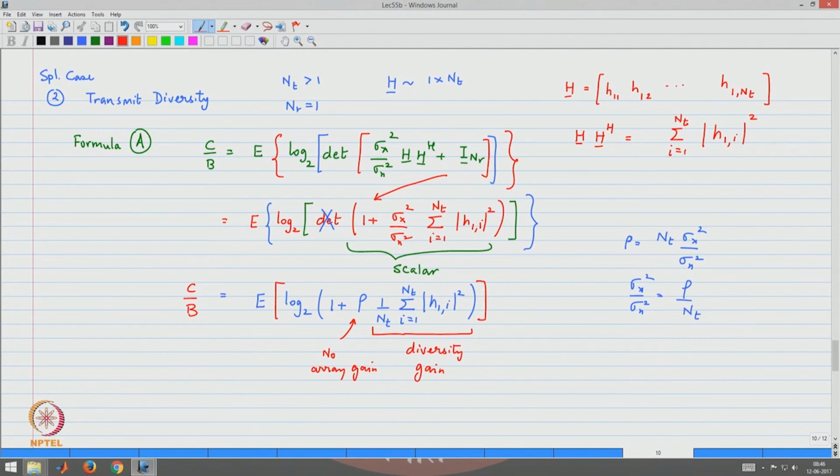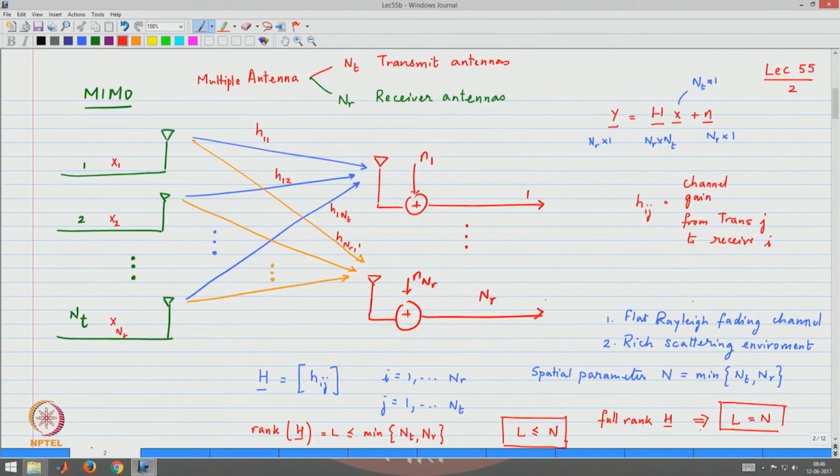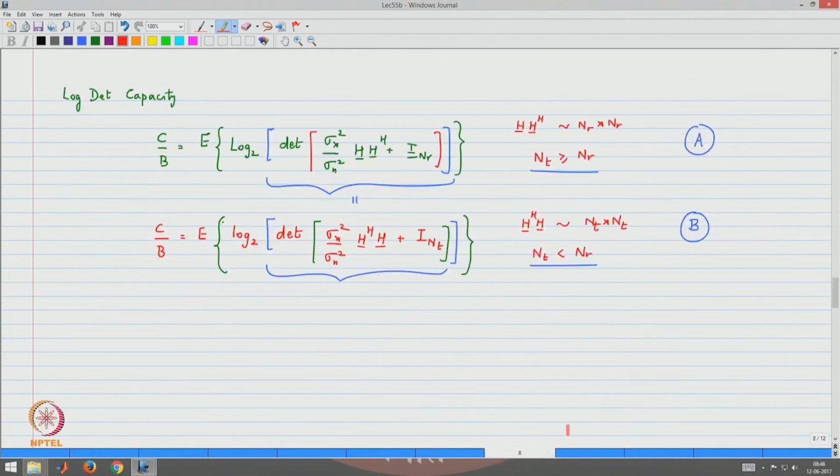So, to summarize, in the case of a MIMO channel, let me go back to the first drawing. We have the expression y is equal to Hx plus n. When we know the channel at the transmitter, we have been able to do the parallel decomposition. When we do not have knowledge of the channel at the transmitter, then we have estimated the ergodic capacity. We have obtained two versions of the expression, one when the number of transmit antennas exceeds the number of receive antennas.